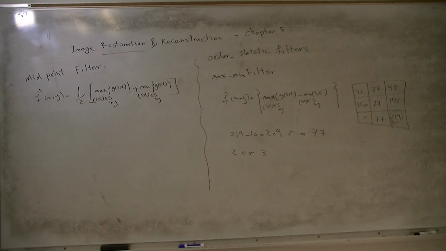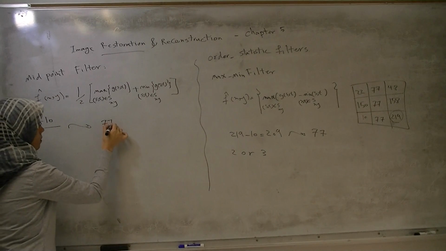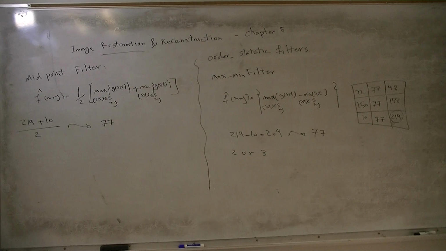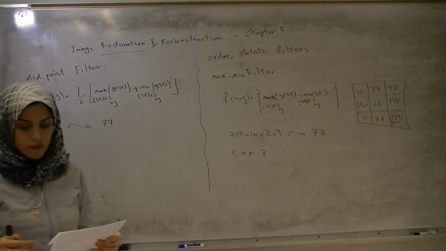For that example, we just put the 7 in the center of that sub-image. And this filter really works for randomly, uniformly distributed noise, the Gaussian, and also the uniform noise.